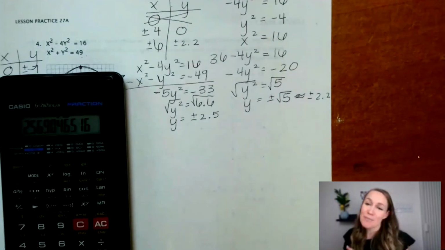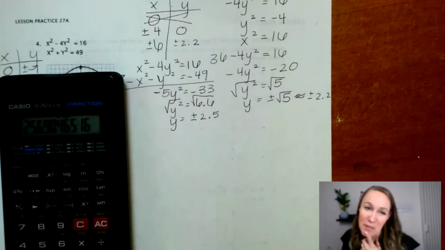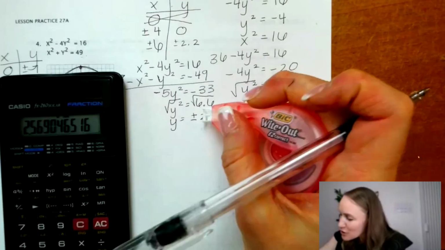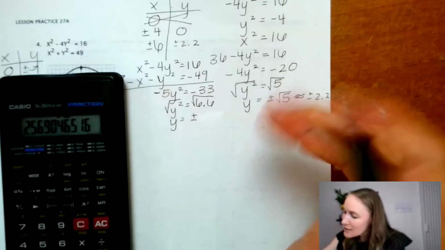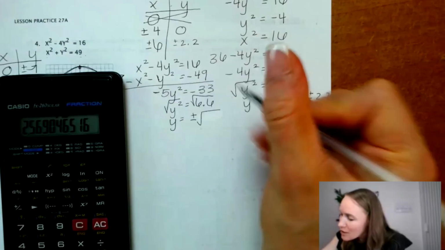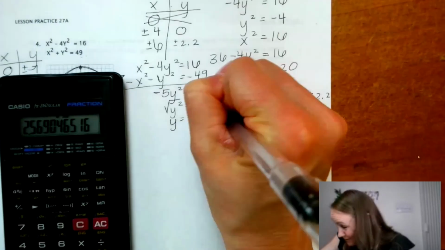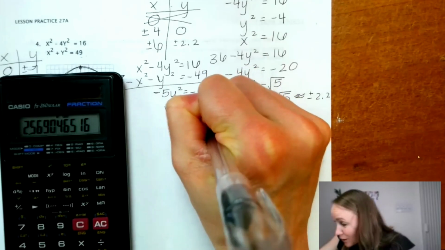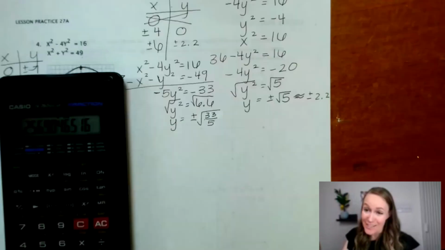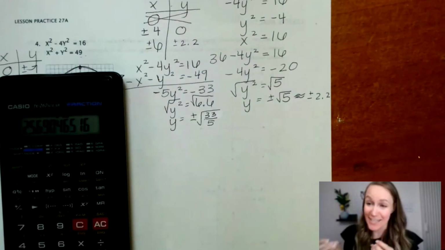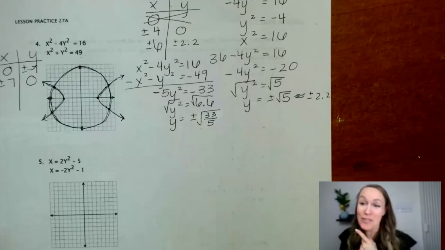I could round to 2.6, but I'm not graphing, so I do want to be really exact. So I'm actually going to go with the square root of 33 divided by 5 because we still have to plug this in to one of these to solve for x, and I just want to be as exact as I can, or else it's going to mess everything up.